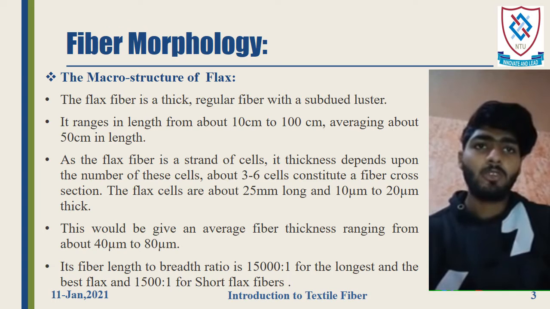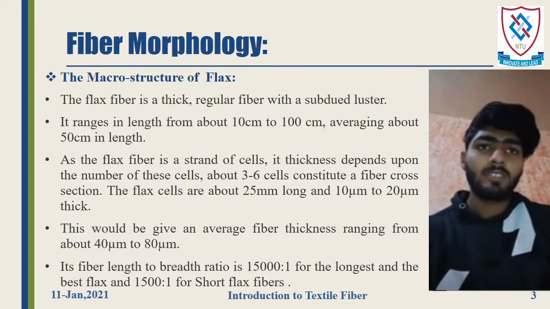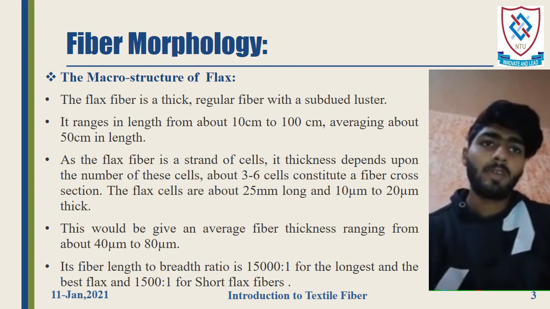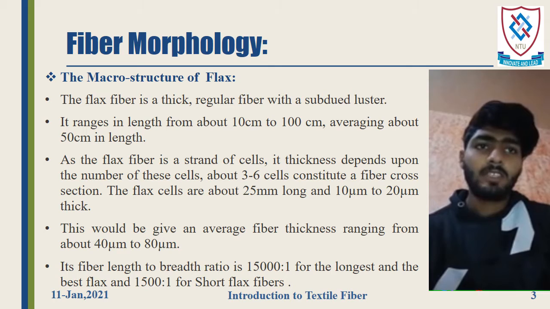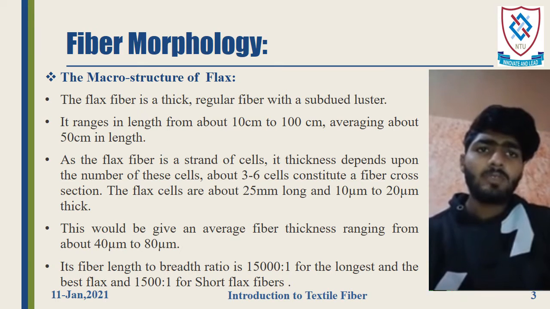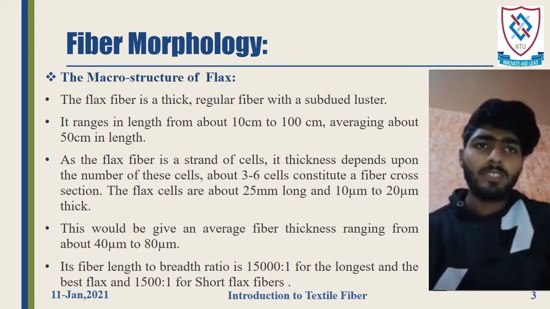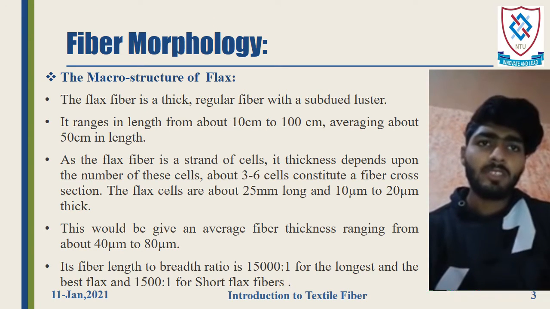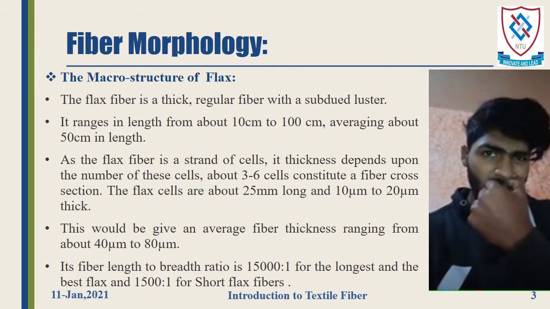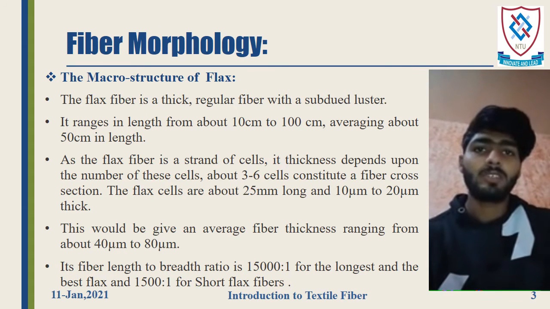The length of a single cell of the flax fiber is 25 millimeters, and its thickness is 10 to 20 micrometers, and the average thickness of the fiber is about 40 to 80 micrometers.